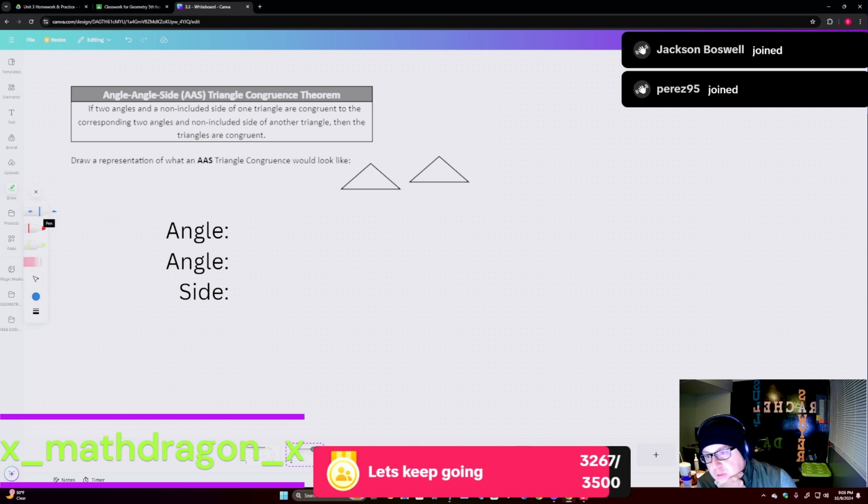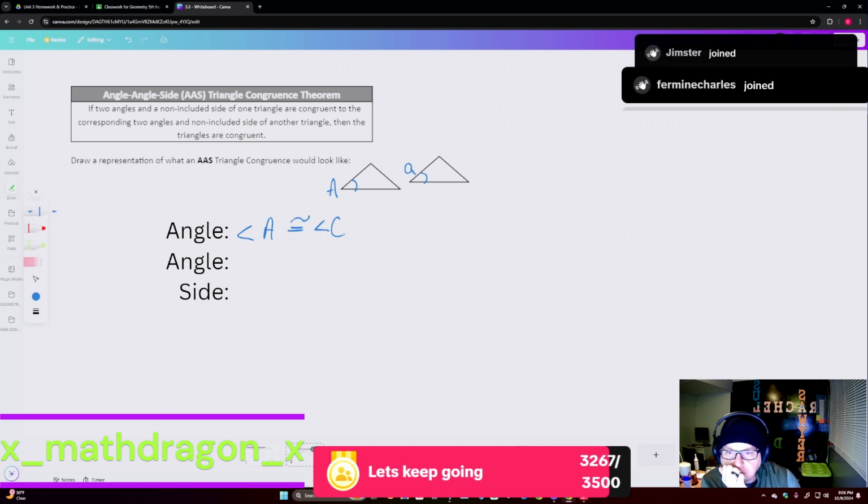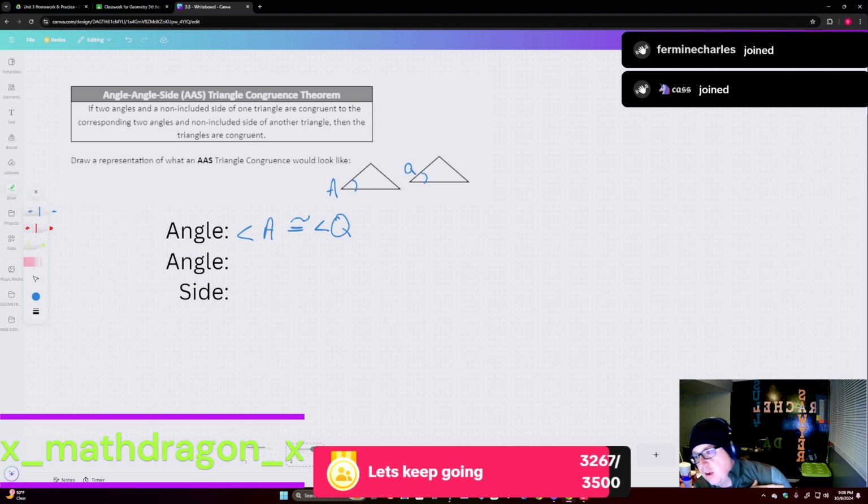When we look at this, what we are looking for is one angle equal to another. So we could say angle A is congruent to angle, let's call it Q. Then we're going to need another angle altogether.